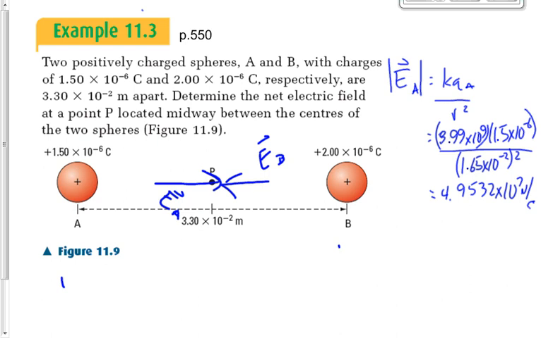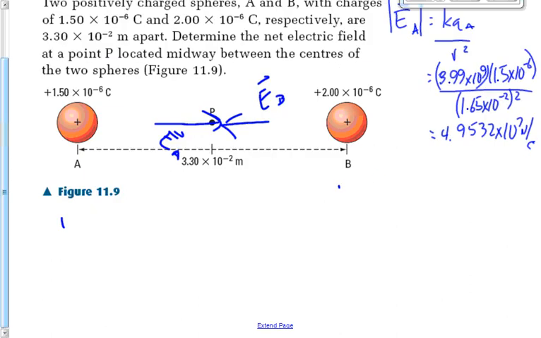EA would be a positive one because it's pointing to the right. Even if it was negative, we're not going to worry right now about making it a negative value. You could, and it would be okay if it was to the left. I usually don't worry about negative or positive till I go to actually add them up. That's when I look at my diagram and determine that.